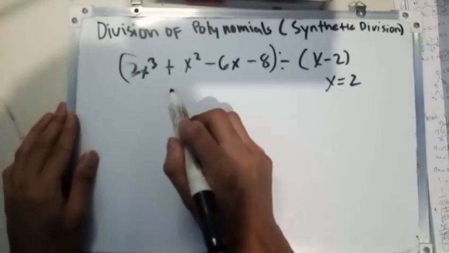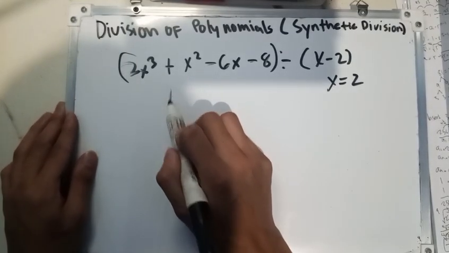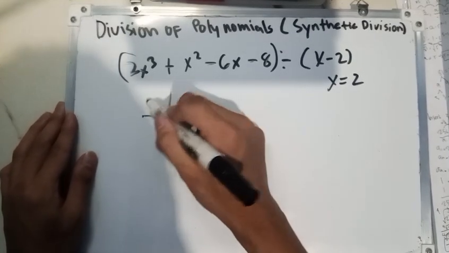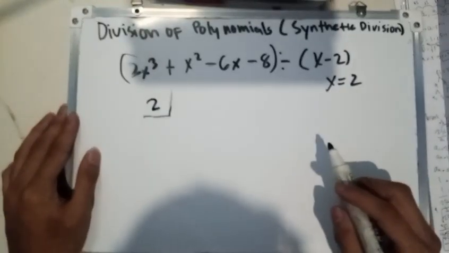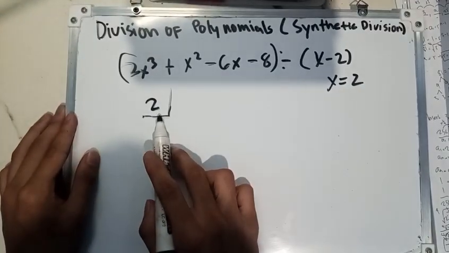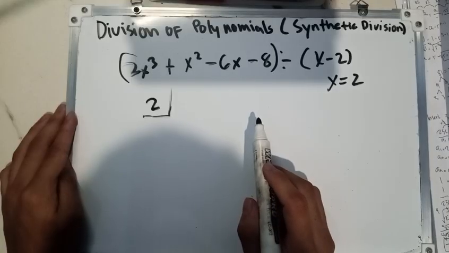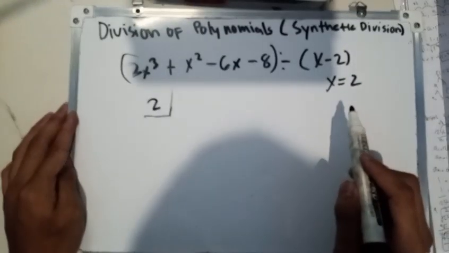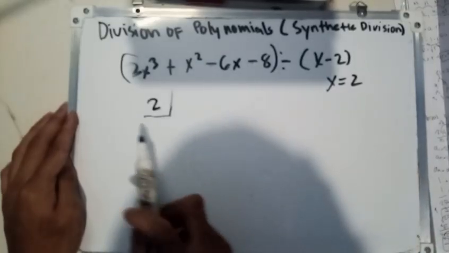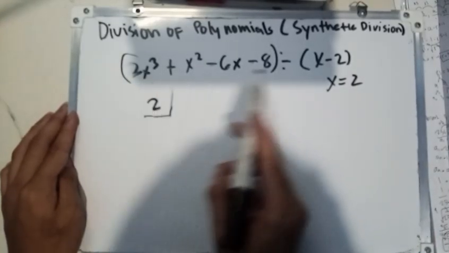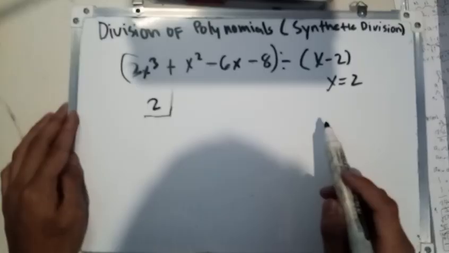Now, we want to make a small square for that 2 right here. And on its right side, we want to write the coefficient of each term in the dividend from the highest exponent to the constant term.